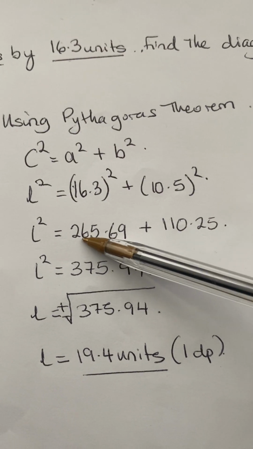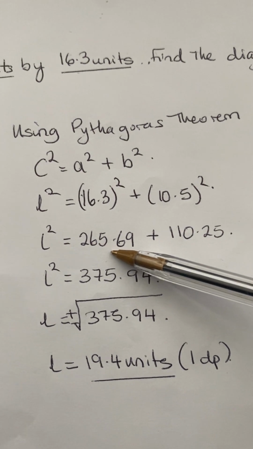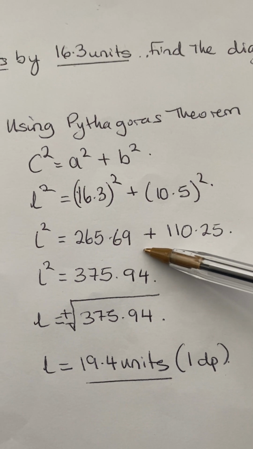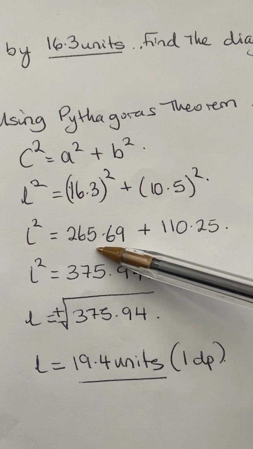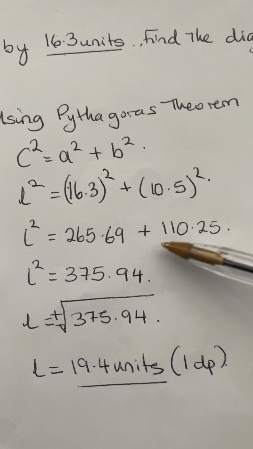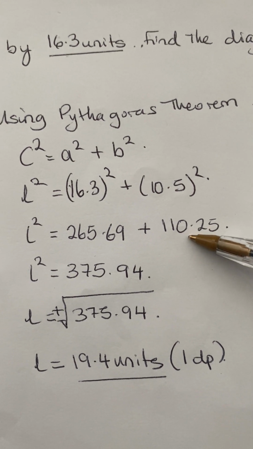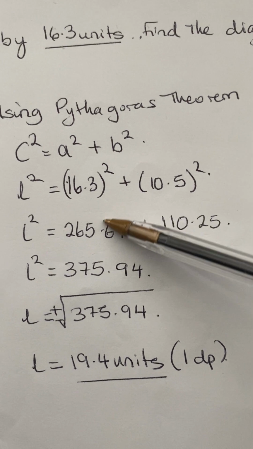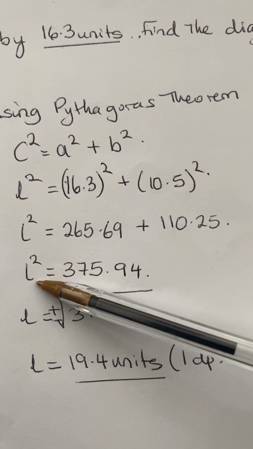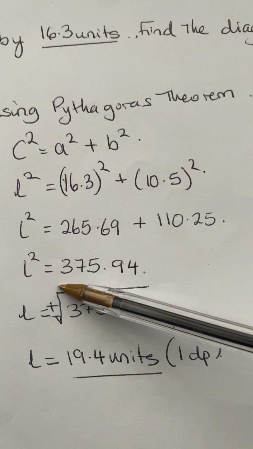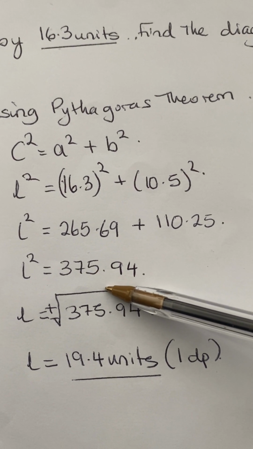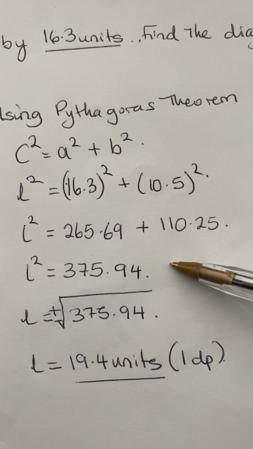So L squared will be equal to 365.69 if you do it correctly on the calculator, plus 110.25. Now if I add them correctly, L squared will be equal to 375.94.